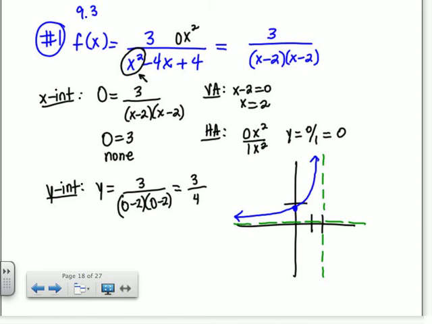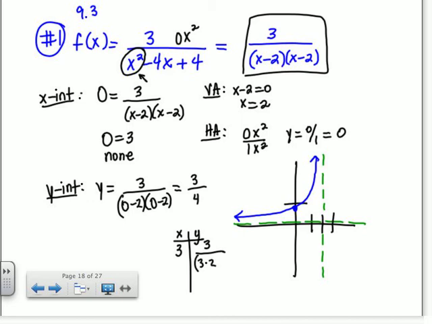What other point do I need to plug in? Can't plug in 2, that's where the asymptote was. Positive 3? Yeah, let's plug in 3. So I get 3 divided by, you can plug it into this factored form here. So 3 minus 2 times 3 minus 2. So I get 3 over 1 times 1, so just 3.